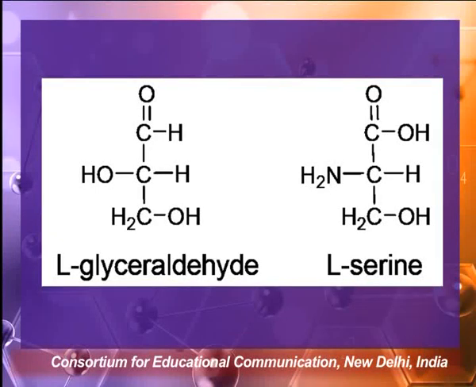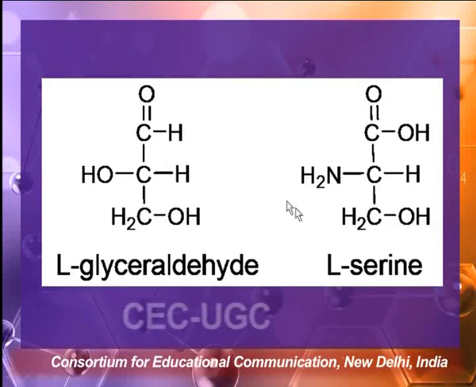What I mean here is, if we compare the structures of glyceraldehyde with serine, and here we have taken the L enantiomer, we find that the lower part in glyceraldehyde has CH2, CHOH, and in this the OH is on the left hand side.